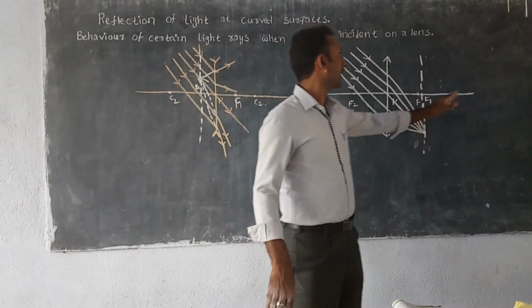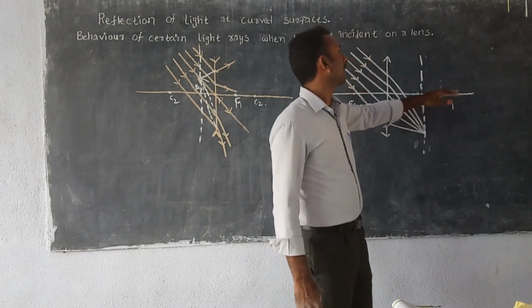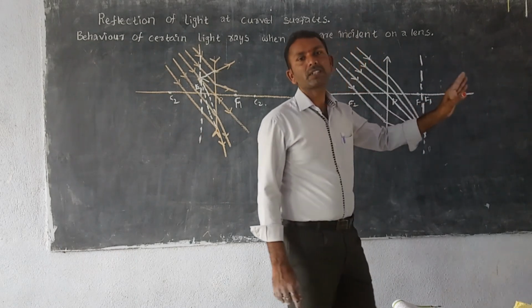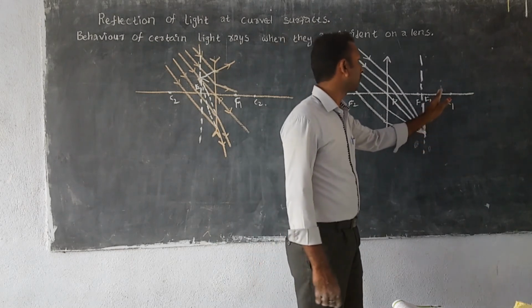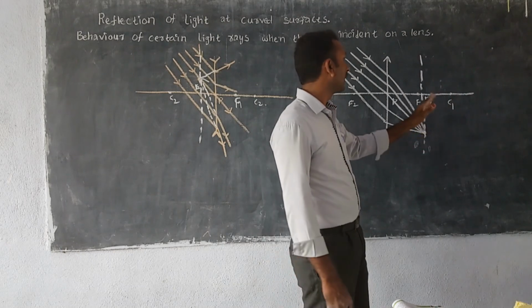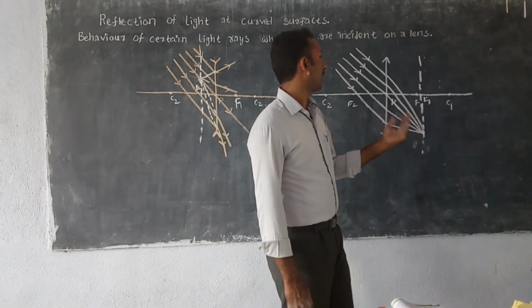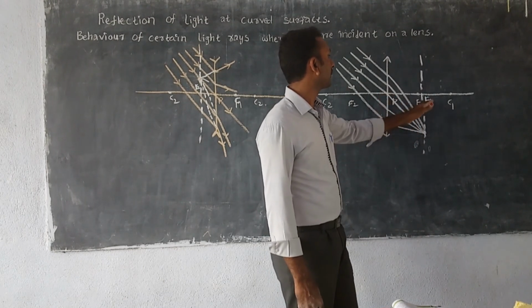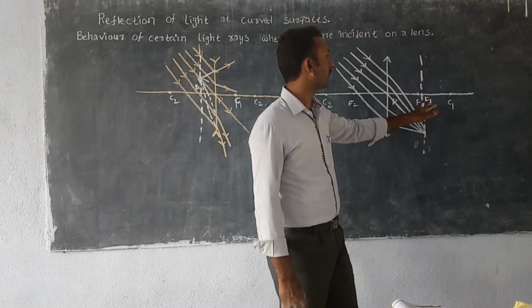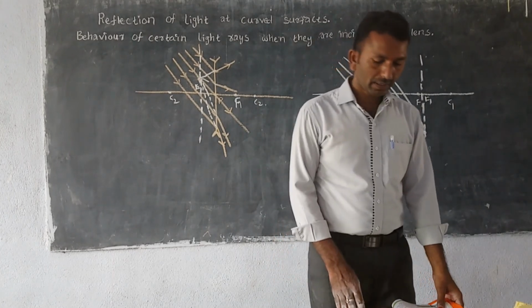If you keep the object here, where do we get the image? At infinite distance. If you keep the object at the center of curvature, where will you get the image? If you keep the object between the focal point and center of curvature, where will you get the image? If you keep the object on the focal point, where will you get the image? And if you keep the object between the optic center and focal point, where will you get the image? Let us discuss it in the next class.